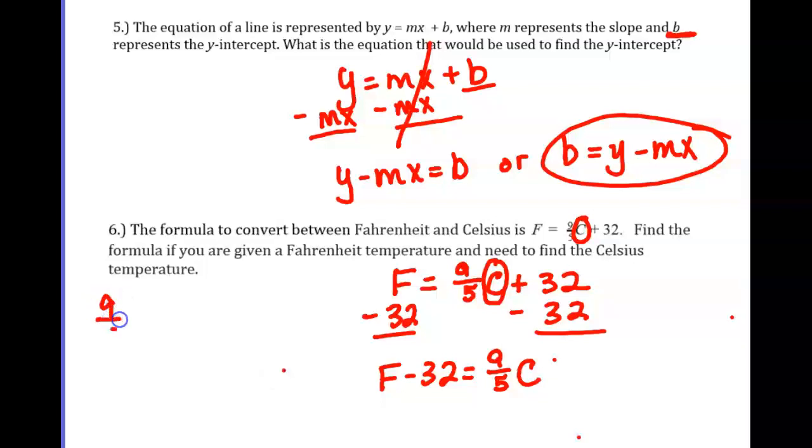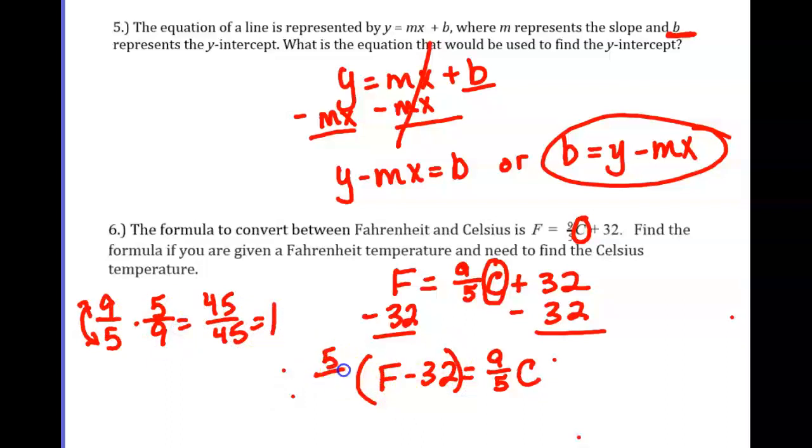The reciprocal of 9/5 is 5/9, and 5/9 times 9/5 gives 45 over 45, which is 1. So I'm going to multiply both sides by 5/9.